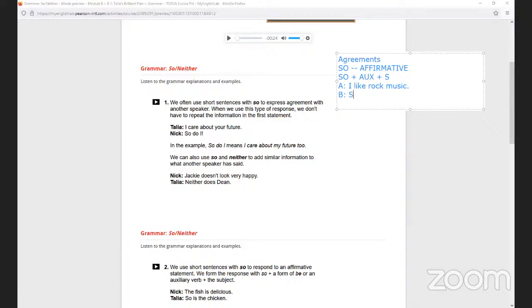This grammar is simple present. The auxiliary for this grammar is do, but I don't put it in affirmative statements. So I will say, "So do I." And it means like "a mí también."